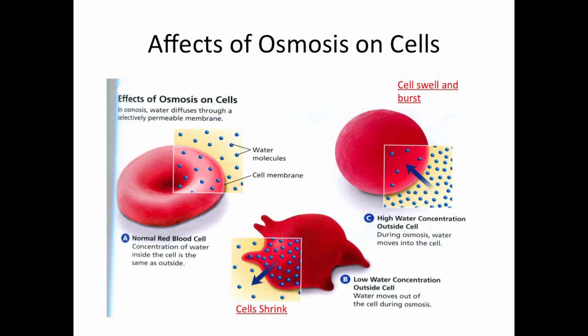So too little water on the outside of the cell causes it to shrink. Too much water on the outside of the cell is going to cause it to swell and eventually burst. So the amount of water surrounding your cells makes a big difference to the health and the livelihood of your particular cells. And that's true for all living organisms.